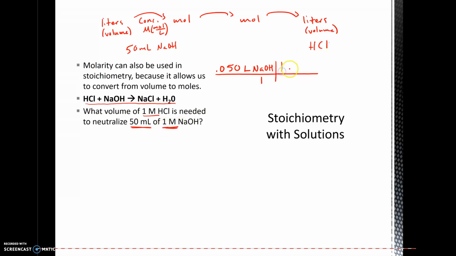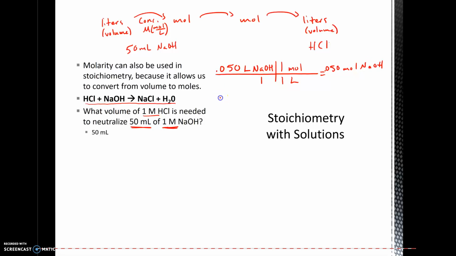So I'll have 1 mole on the top and 1 liter on the bottom. That conversion is really, really easy. I would take 50 times 1 divided by 1, and I would get 0.050 moles of NaOH.